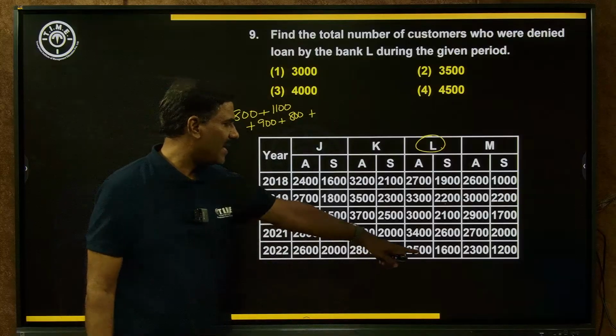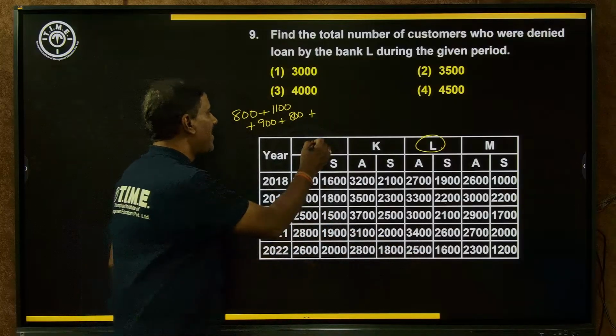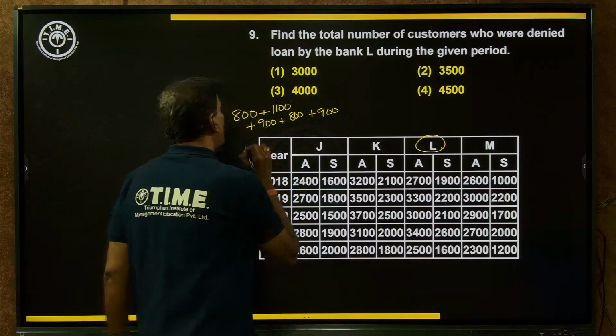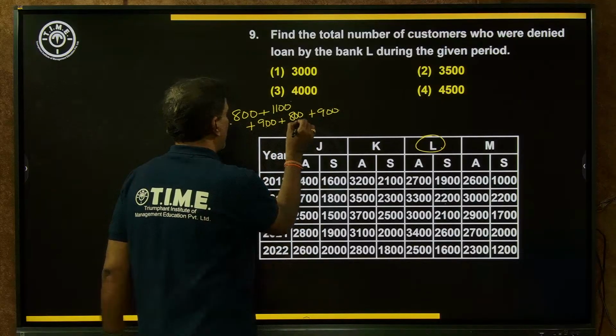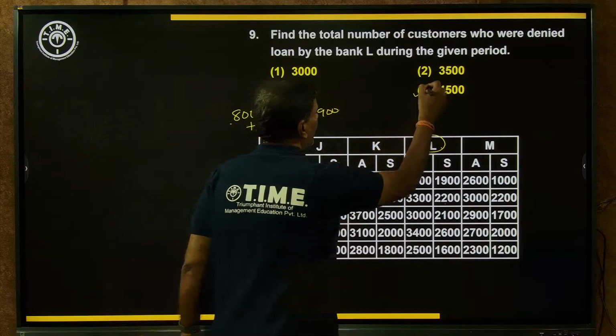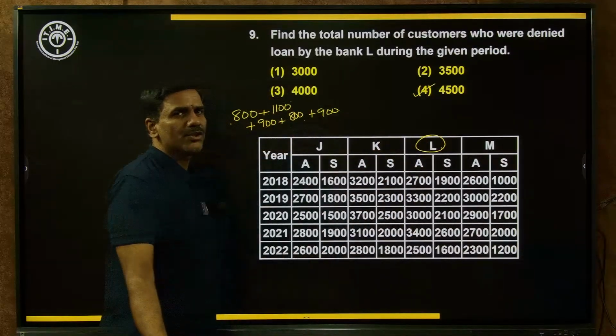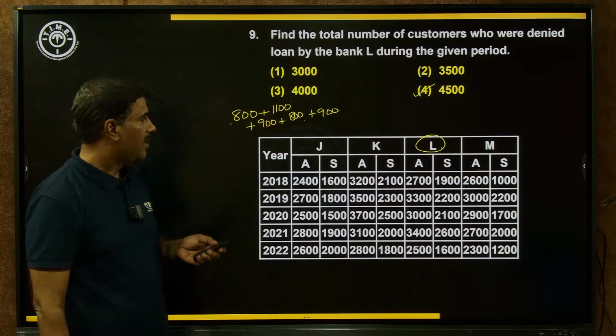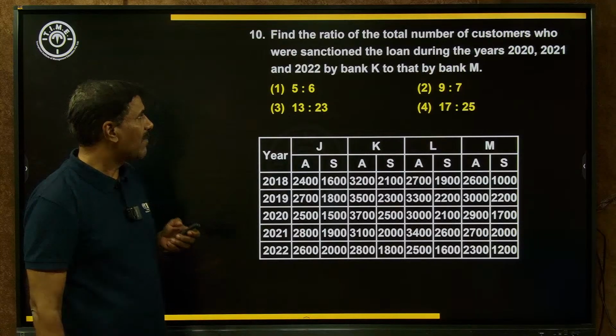Last one 25 minus 16, 9. That will be 900. So in other words, 11 plus 9, 20, plus 16, 36, plus 9, 45. So 4500. Very easy question. Answer should be 4500, which we cannot miss, right? Let's move on to the next one.